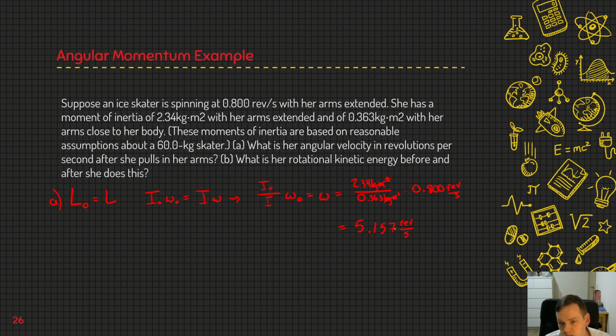So much faster, you can see, going from less than 1 to 5 revolutions in a second. For part B, what is her rotational kinetic energy before and after she does this?